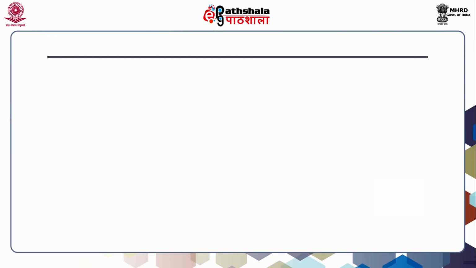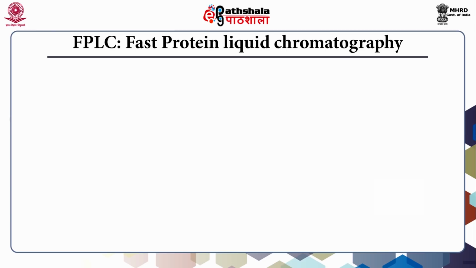In the next slide, we are going to discuss another alternative to HPLC, called FPLC, that is fast protein liquid chromatography. Fast protein liquid chromatography is mainly useful for biopolymer separation, for example protein separation or DNA separation.